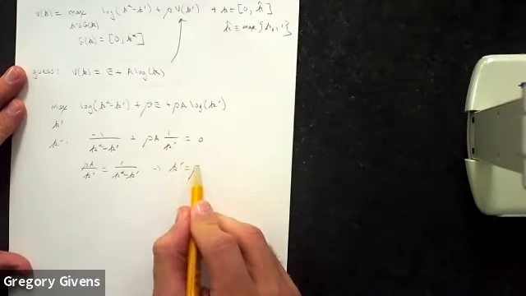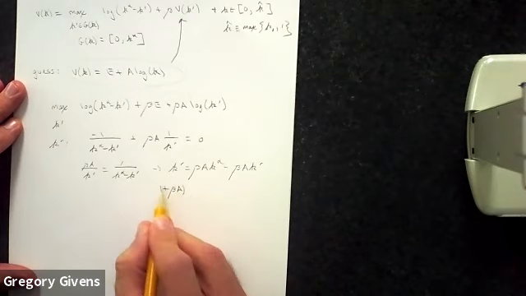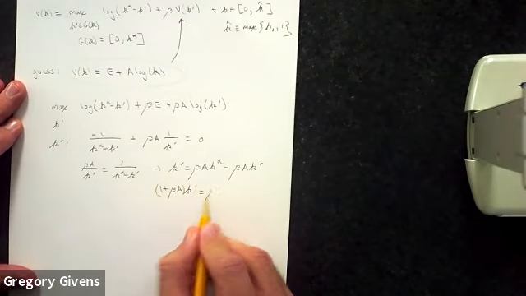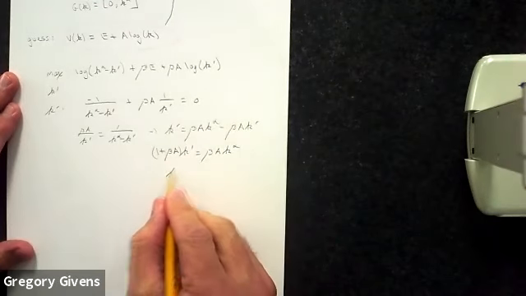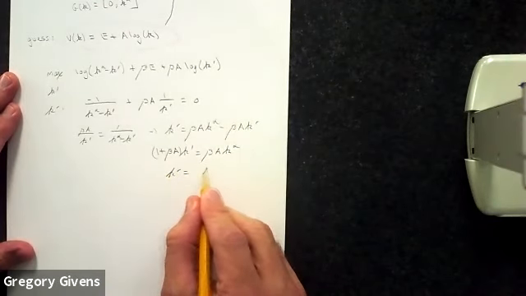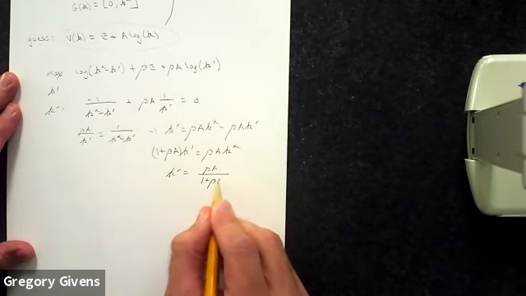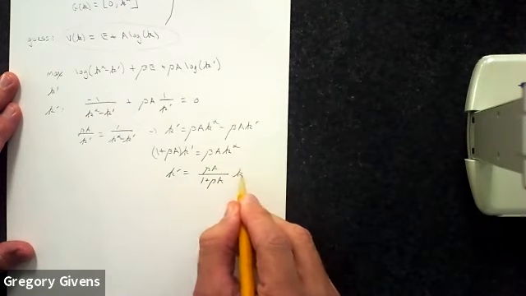So 1 plus beta a times k prime is equal to beta a k to the alpha. All right, so k prime looks like it's beta a over 1 plus beta a, all of that times k to the alpha.